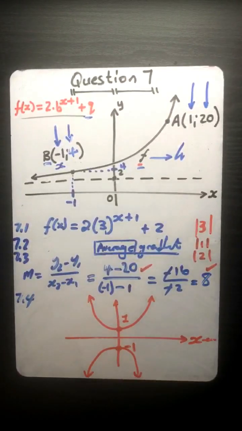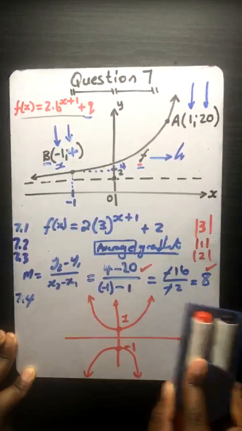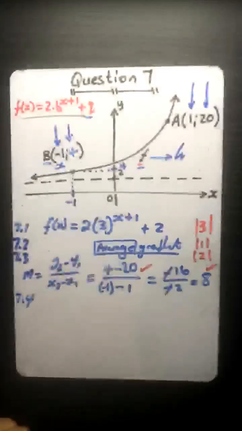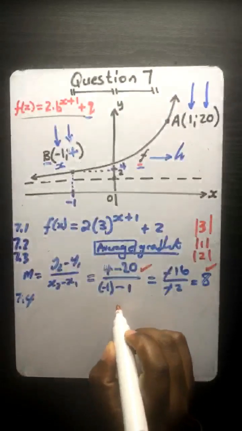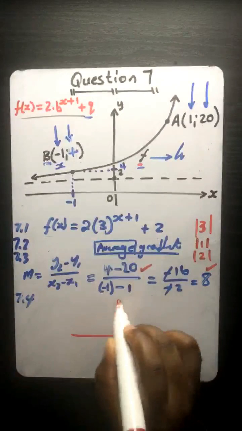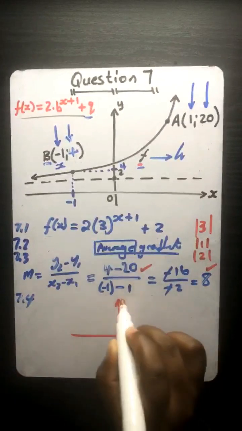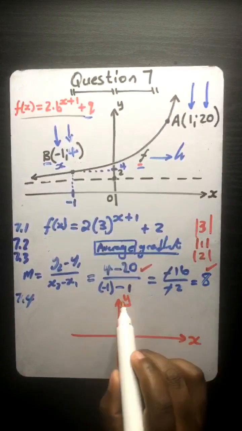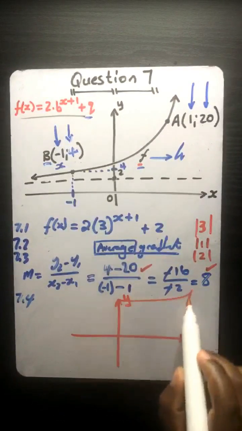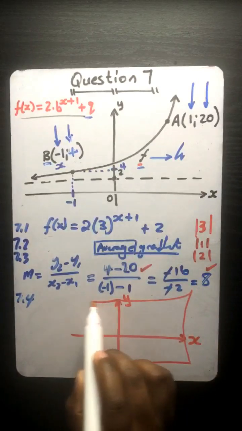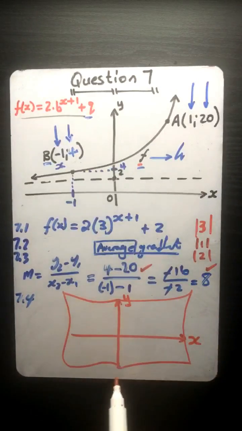Let me also explain again, but using a different scenario, to say when something is being reflected, it's more like you are paging. If you are paging about the y-axis, think of a book which is like that, because you are paging about the y-axis. That's why you do this.